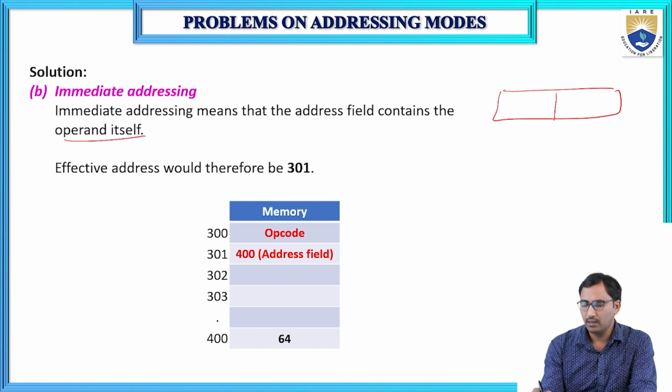Here it is an address field, but in immediate addressing mode it is not an address; instead of an address, the operand is specified directly. That's why it is called immediate addressing mode. So the effective address would be 301.